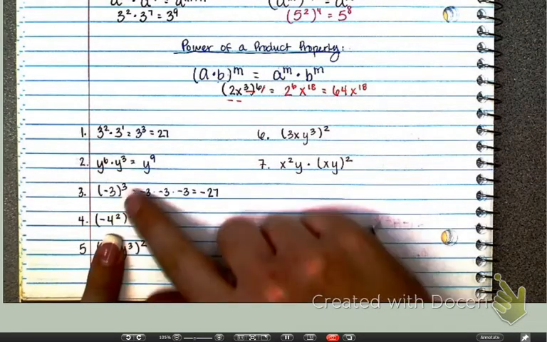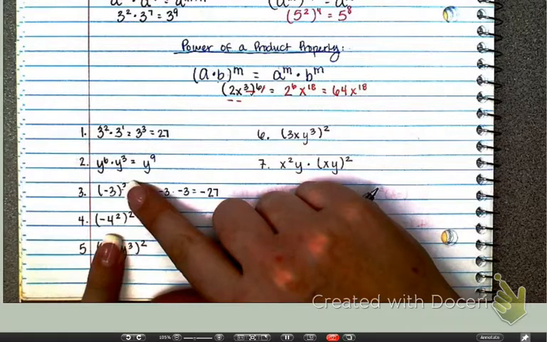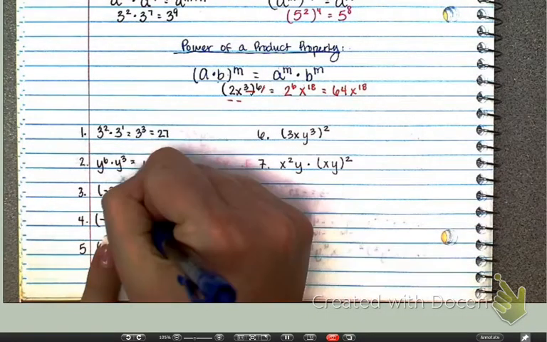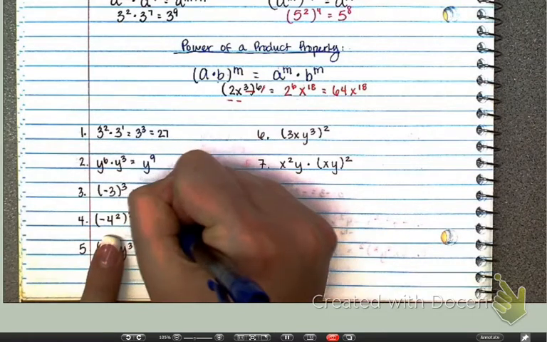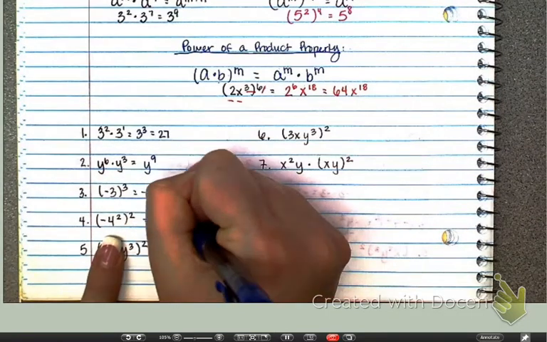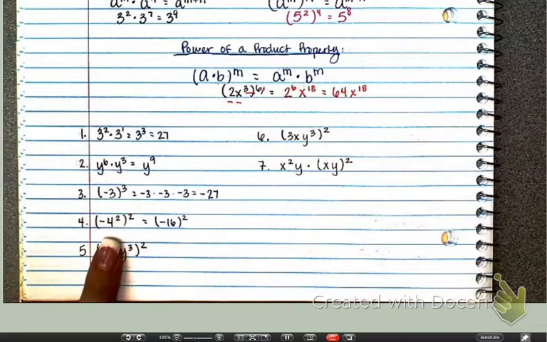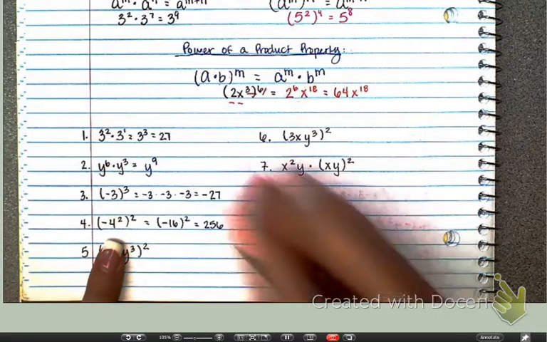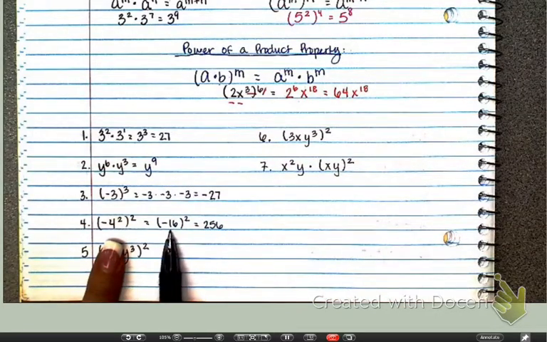There is no parentheses around the -4, so that negative is not attached. So if I just do what's inside, it's a -16. And then I can square that. What is -16 squared? Positive 256. Because the negative is in parentheses attached with the exponent on the outside.